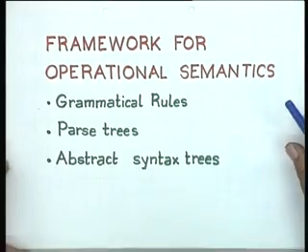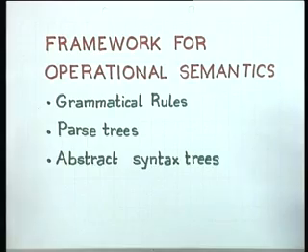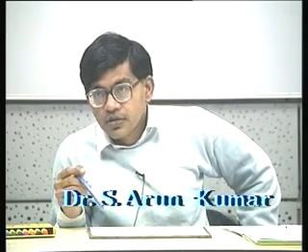So let us just briefly recapitulate the framework for our operational semantics. The basic structure on which our operational semantics is to be built is the grammatical rules of the parse trees, but in a more abstract form than is really necessary for compiling.